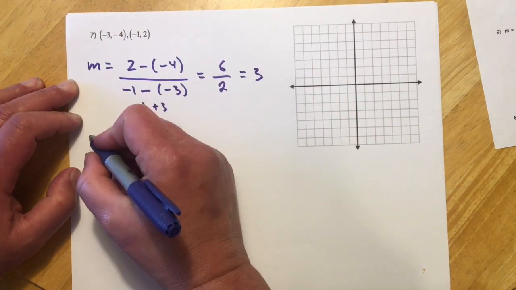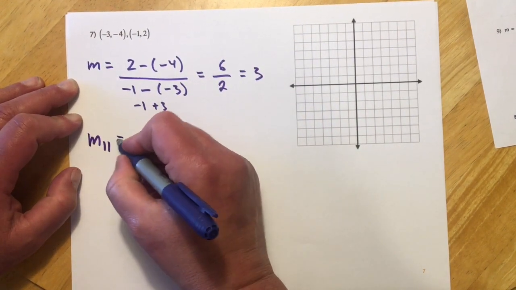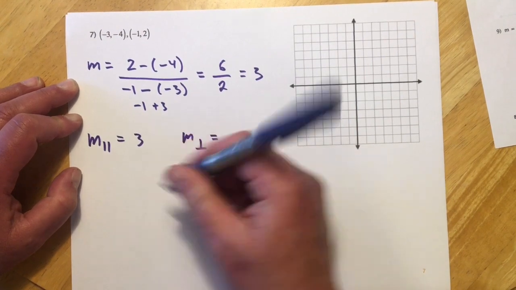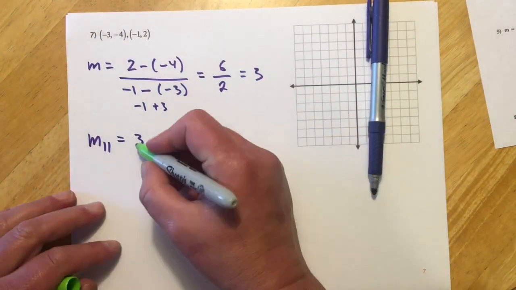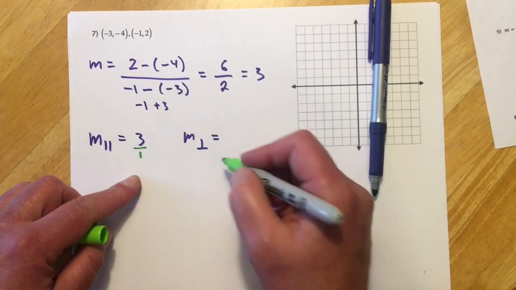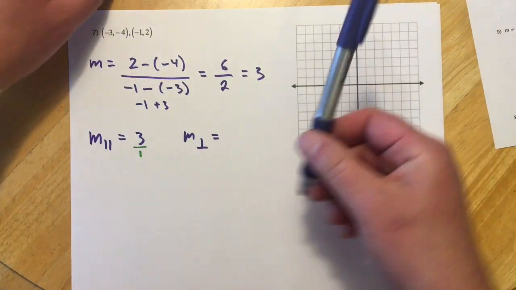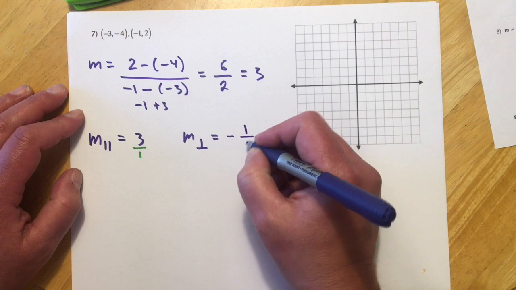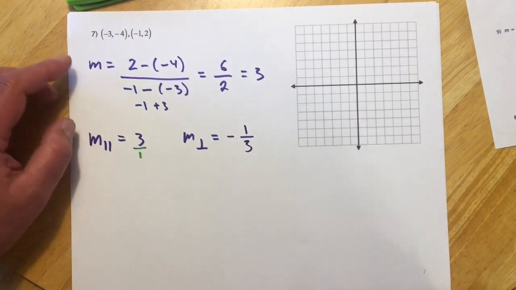So if my slope is 3, then m parallel is also 3, and then m perpendicular, so that's where you got to remember that there's an invisible 1 under there, and it's helpful in this case to think of it as 3 over 1, because then we can see our perpendicular slope would be opposite signs, so negative 1/3.